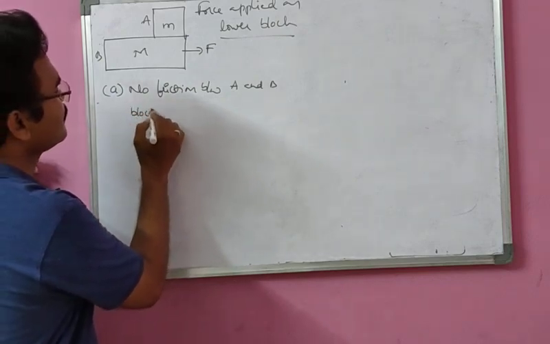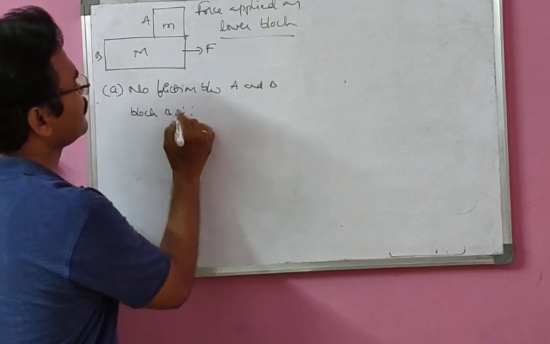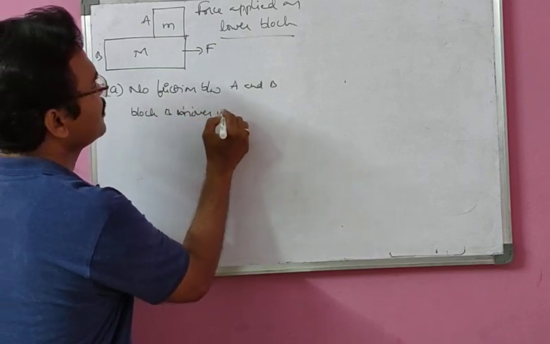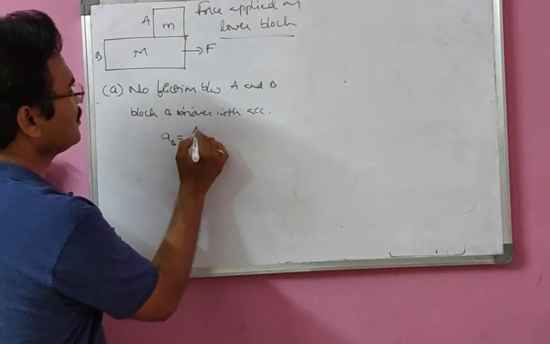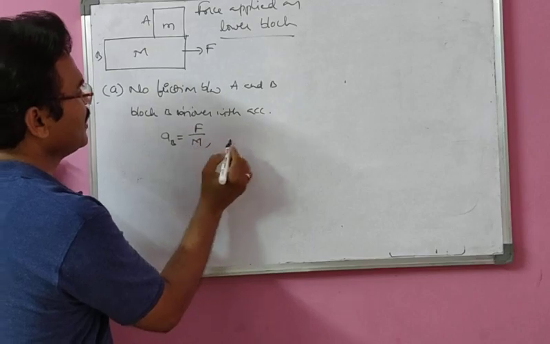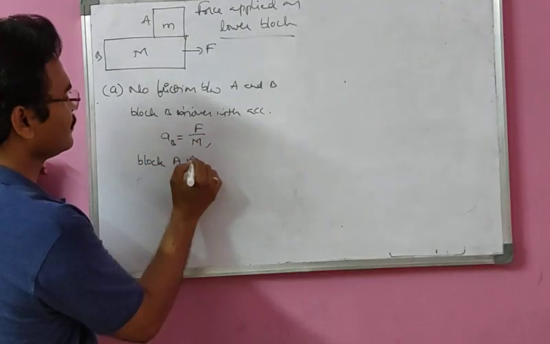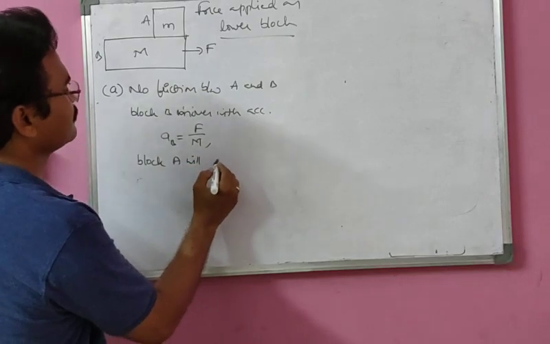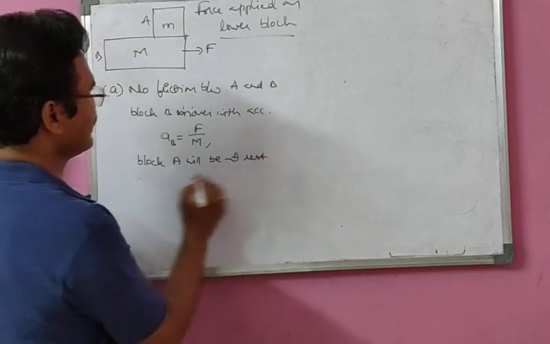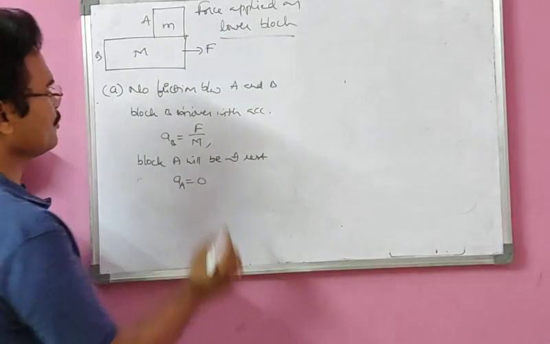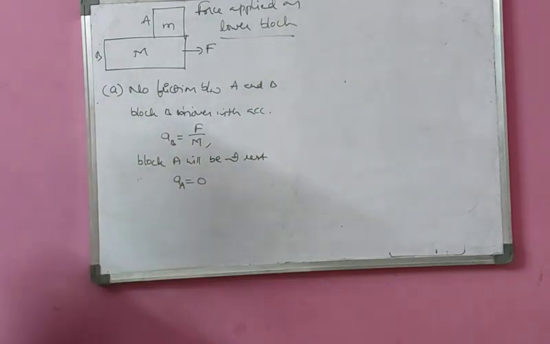Block B moves with acceleration a_B equal to F by M, and block A will be at rest, that is a equal to 0. This is the first case here.